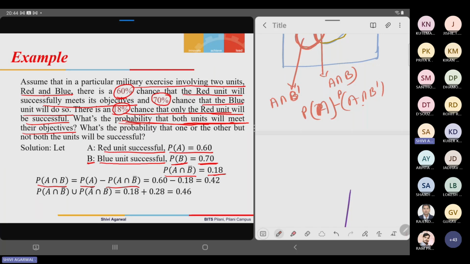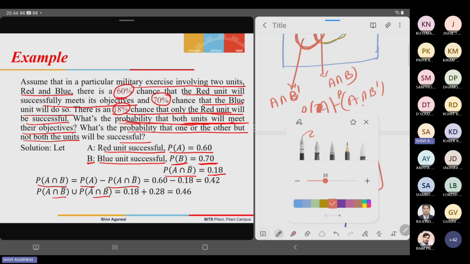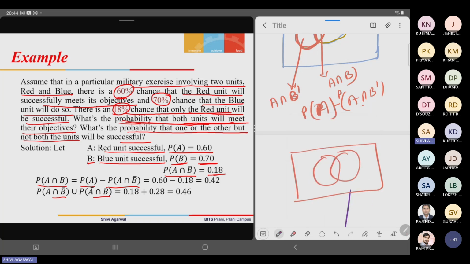Next: what is the probability that one or the other but not both units will be successful? Either one or two. So we are saying A intersection B complement or A complement intersection B. In the Venn diagram, they want this one or this one, not this shaded area.